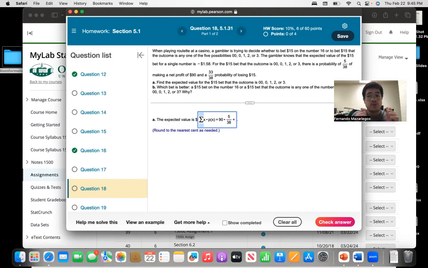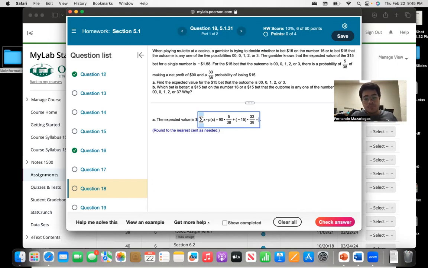In that case, we do not win any money. So we might be tempted to think that the numerical value is 0. But remember that we already paid $15 to bet. So actually, the numerical value for this outcome is -15. We consider it negative because we are losing that money. Again, we want to multiply this by its probability.